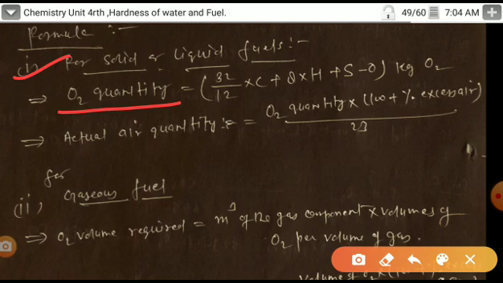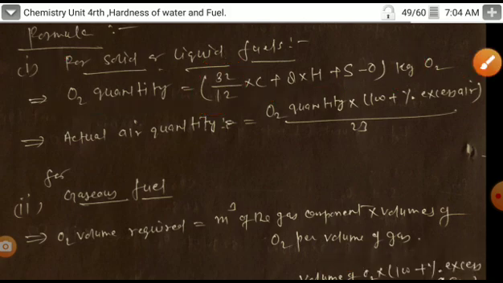The oxygen quantity is equal to 32 divided by 12 into carbon plus 8 into hydrogen plus sulfur minus oxygen, and this quantity comes out in the unit of kilogram of oxygen.